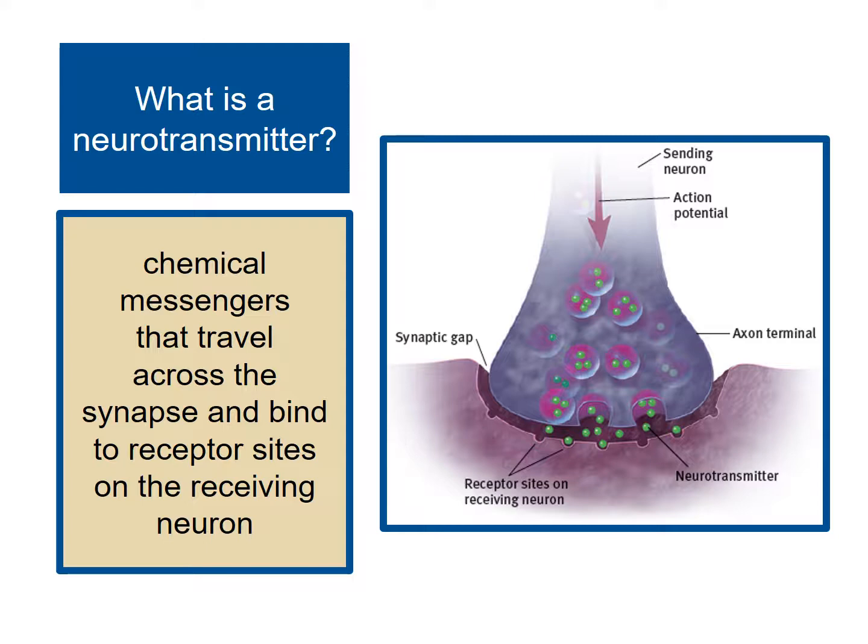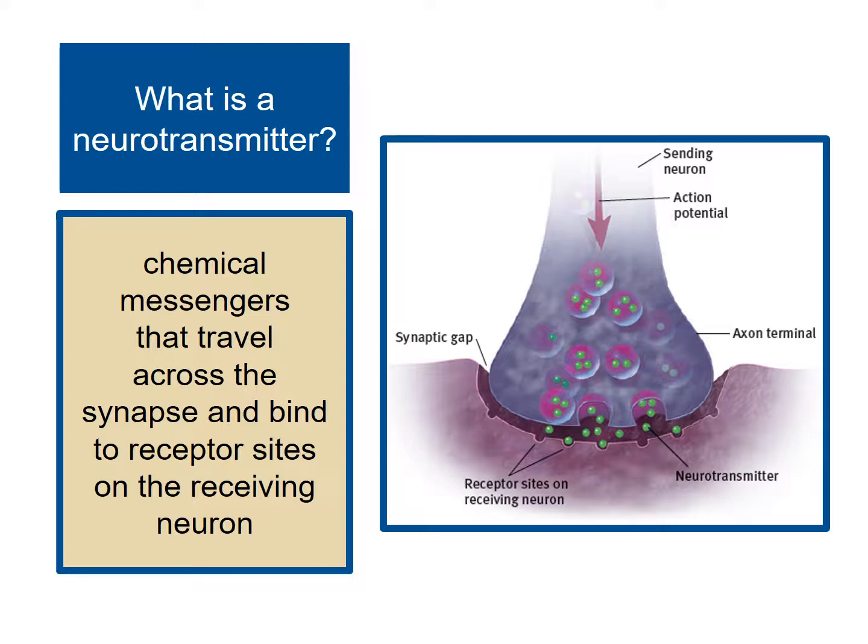The receptor sites on the receiving neuron are those little indentations. The neurotransmitters are the green circle shapes being carried down from the sending neuron. Those chemicals travel across the synapse and bind to the receptor sites on the receiving neuron.